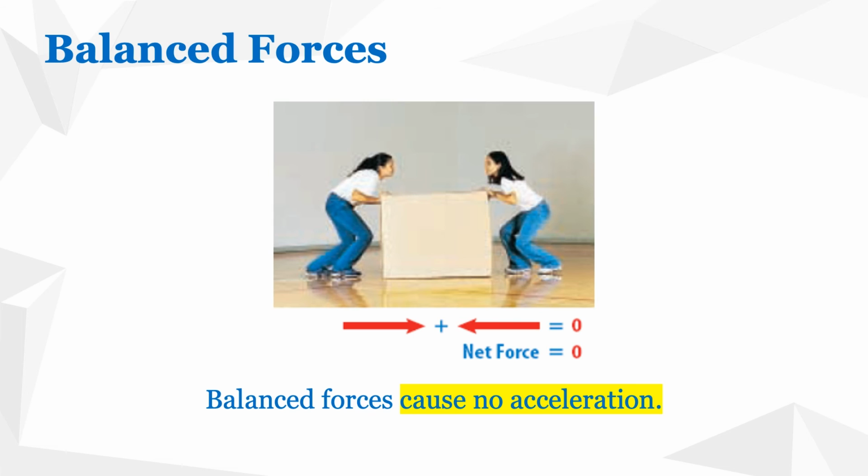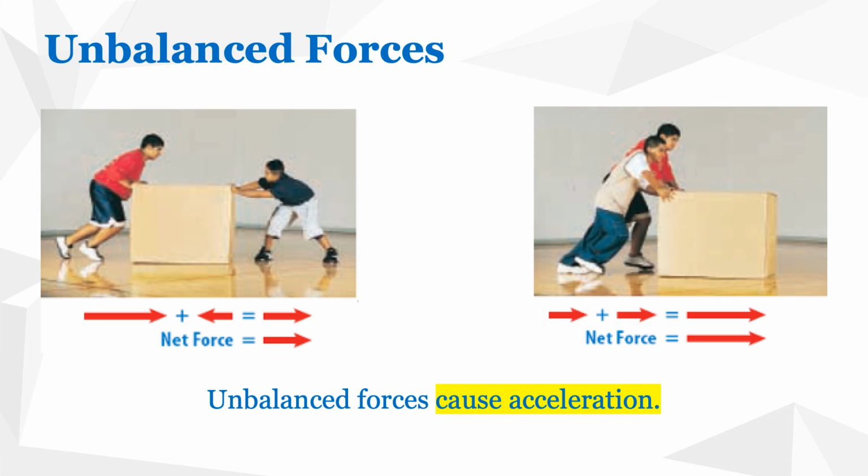So if you have a net force of zero, then you have balanced forces, and it causes no acceleration, meaning the object will not move, or the object will move at its constant speed. However, if you have unbalanced forces, then it will cause the object to accelerate.